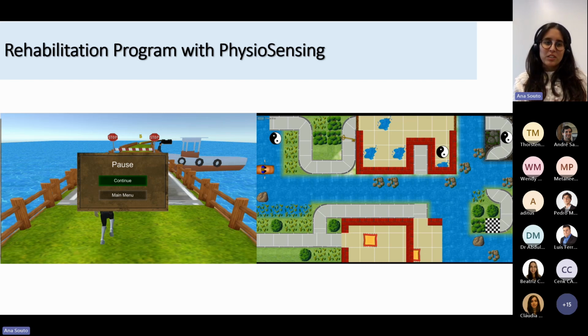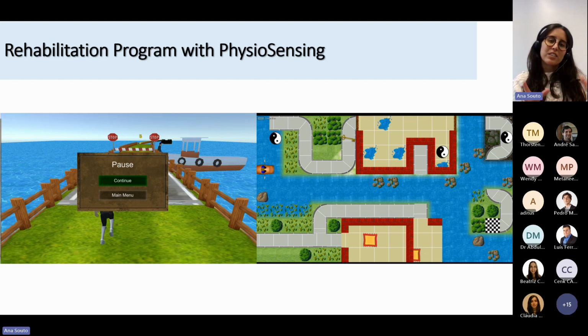So what I usually suggest is, you can use the games in the beginning to warm up, or maybe at the end of the session, so the patient can leave the session feeling good and enthusiastic about the rehabilitation process.